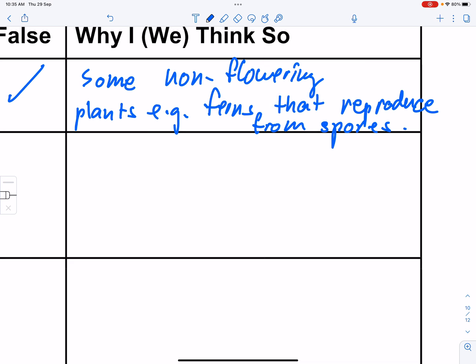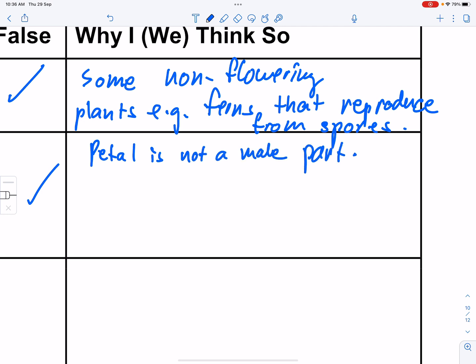Okay, next statement. The male parts of a flower are anther, filament, and petal. That is also false. Petal is not a male part. Just in case you didn't know, petals are actually modified leaves. So they are actually leaves, but they do not have chlorophyll in them.